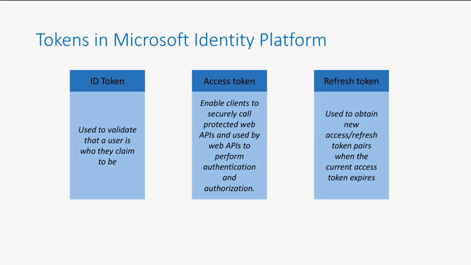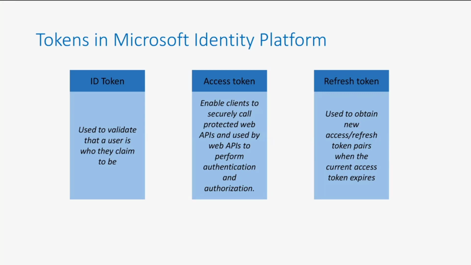And when we go ahead and leverage these tokens, there needs to be a certain understanding in terms of what these artifacts are. ID tokens are ones that are used to validate who a user claims to be. That's the primary use case for an ID token. Access tokens are the main ones that are used to perform authorization decisions to securely access a resource.